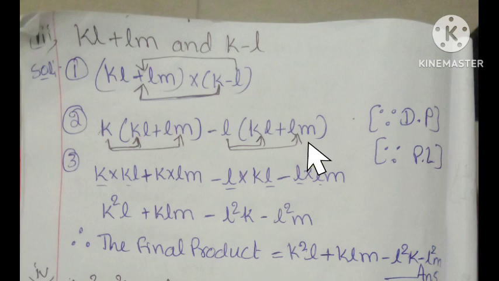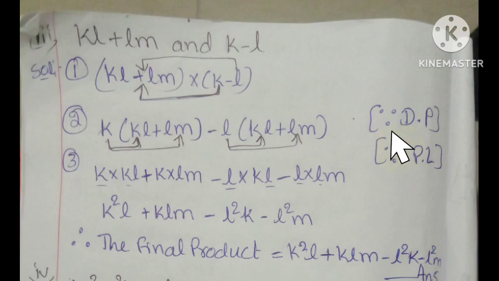The first term of the first binomial is K. K into KL plus LM minus, the second term of the first binomial, that is L, L into KL plus LM, by using the distributive property.